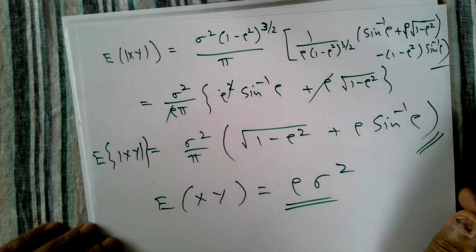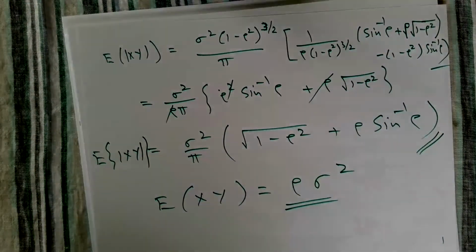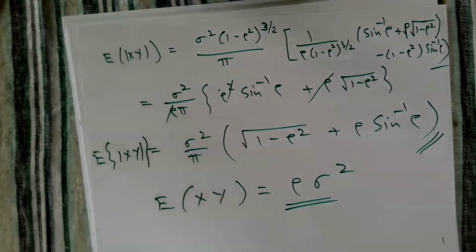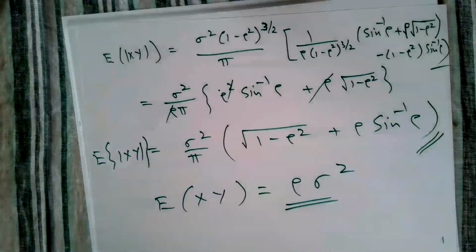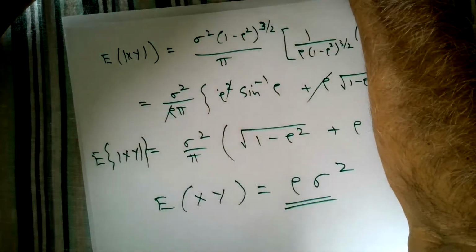So you can see the additional effort involved in computing the absolute moment of absolute value of xy. So one way to interpret this is if x and y are complex, then that represents the cross magnitude, the absolute value of xy. So this is the distribution of the magnitude of the cross term xy. Okay.